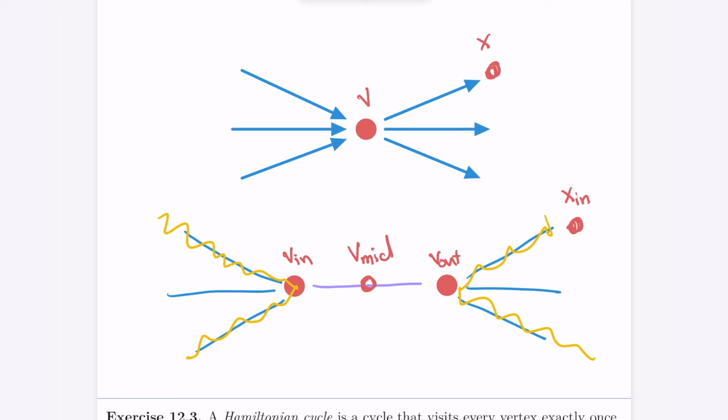Oops, I can't do that. Now you really have to go somewhere. Okay. So now if you look at this, the way this is structured, this is going into the in vertex of another. So you'll always be going from out to in, and then mid, mid to out, or in reverse.